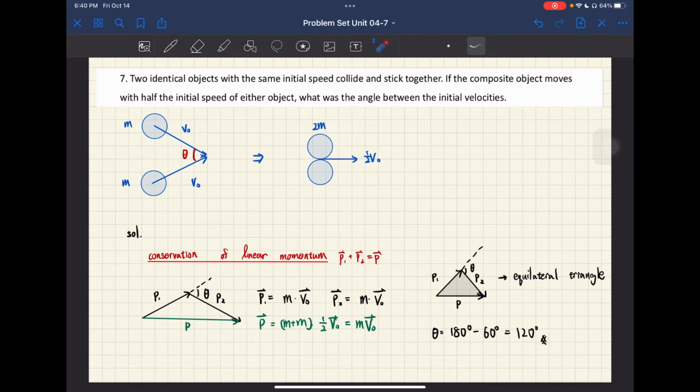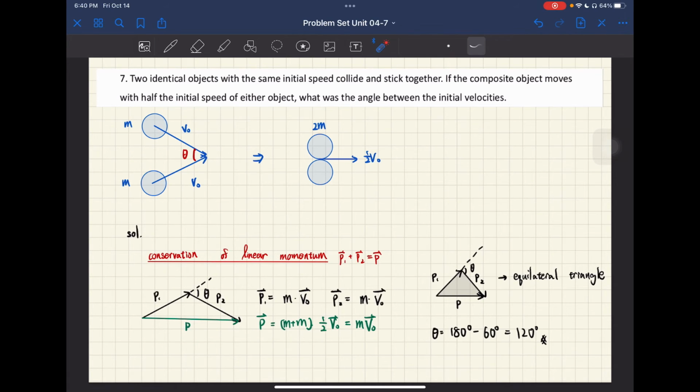So we say P1 and P2 are the momentum of the two identical objects before the collision, and P is the momentum of the composite object after the collision.